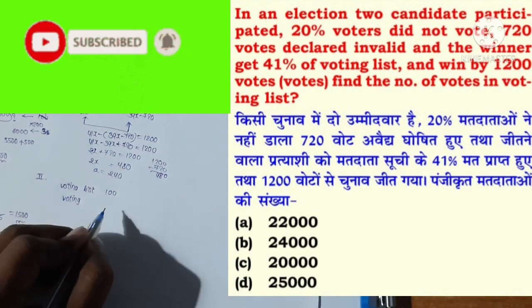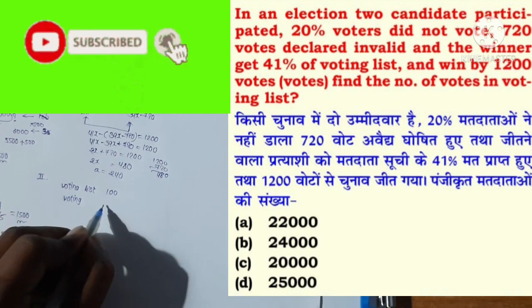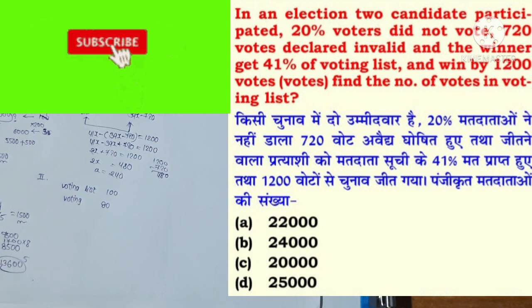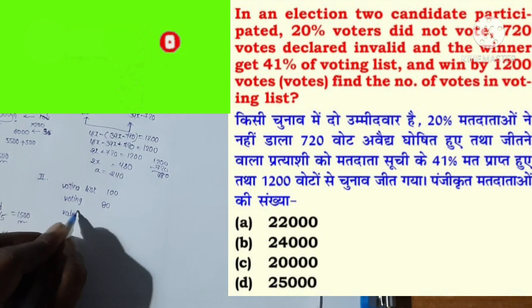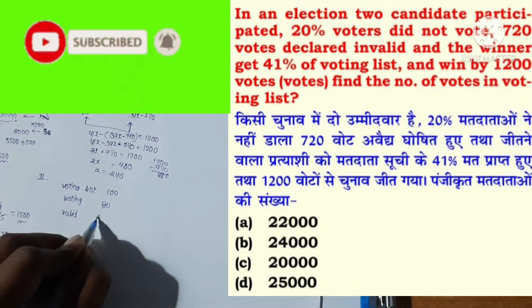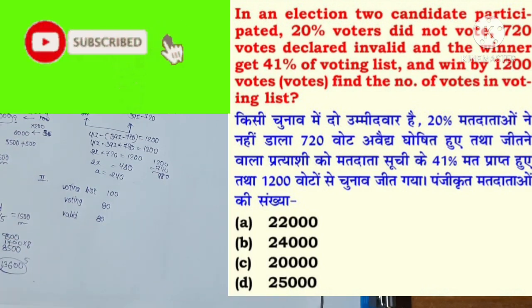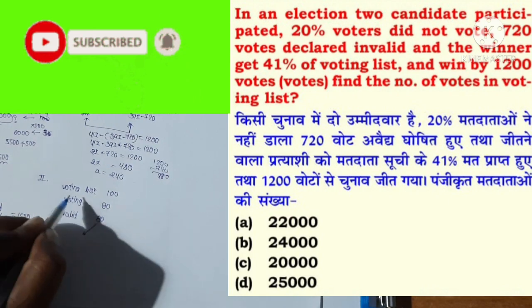That means voting is 100 minus 20, so voting is 80. So valid votes is 80 minus 720. Here I am taking only 80, so not considering the 720 invalid votes.